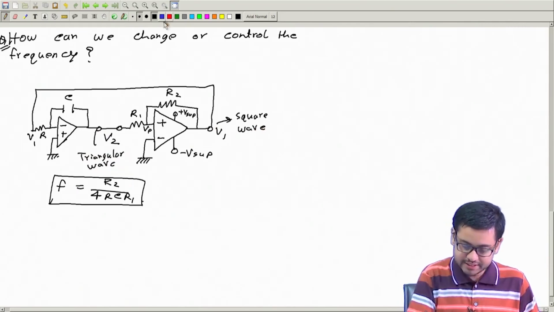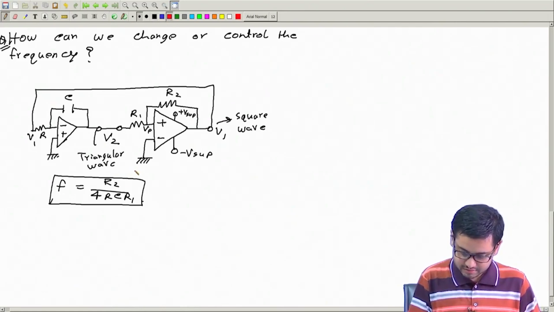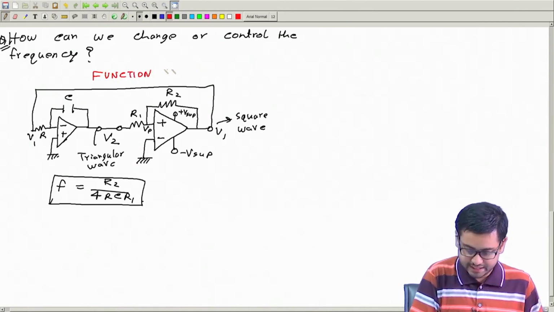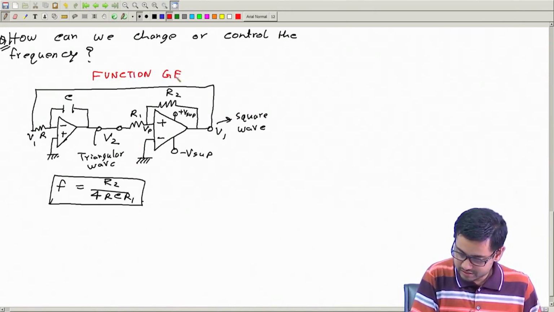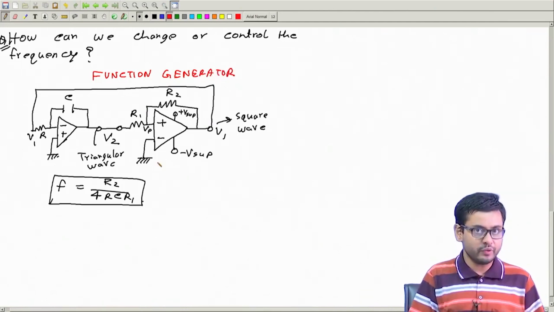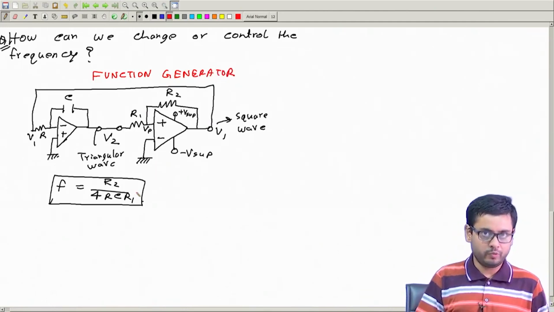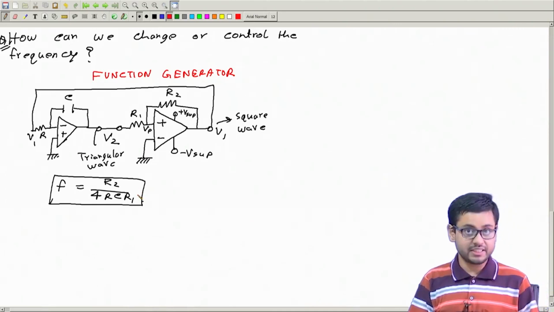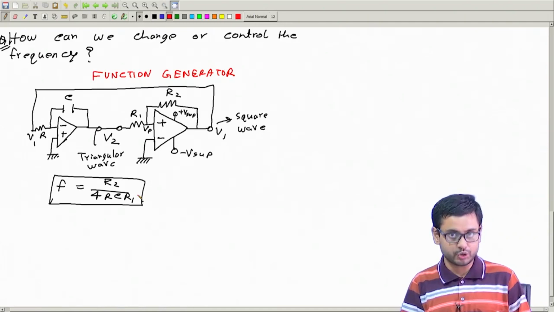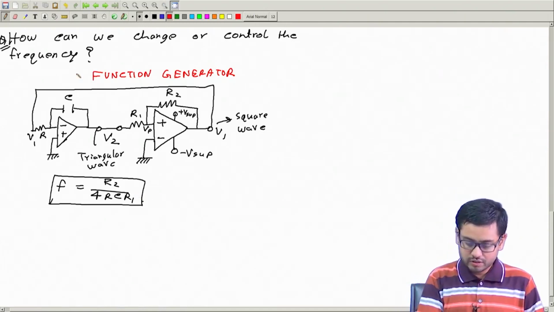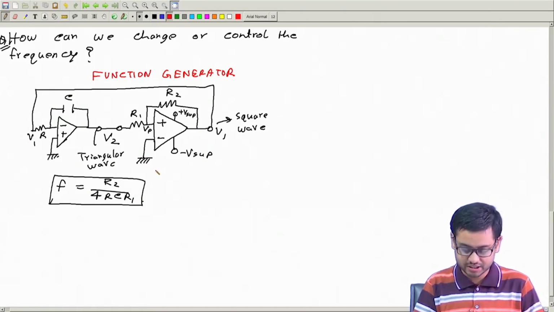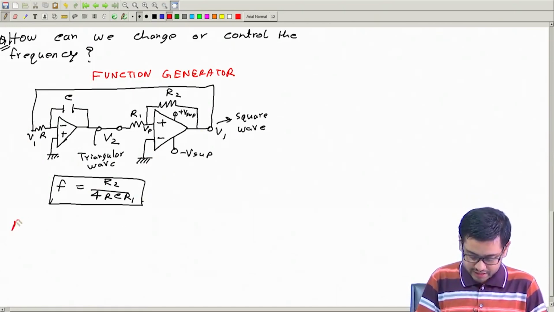In a function generator in our lab, we have controls to change frequency, amplitude, etc. So let's ask, how can we modify this circuit so that the frequency can be changed? Okay, so the answer is simple.